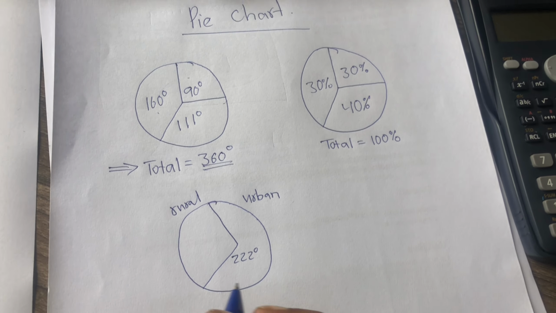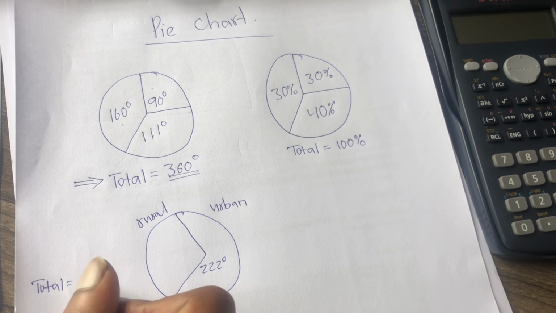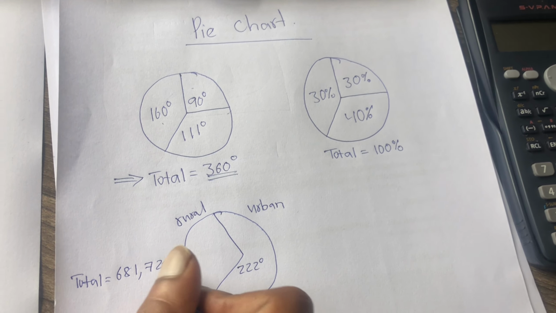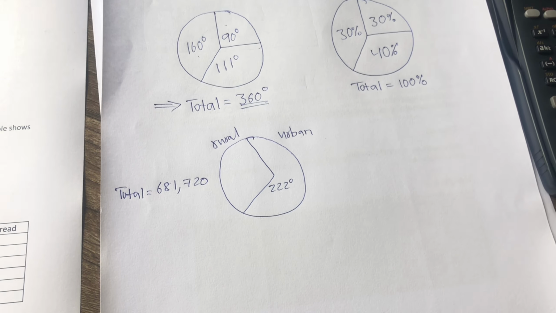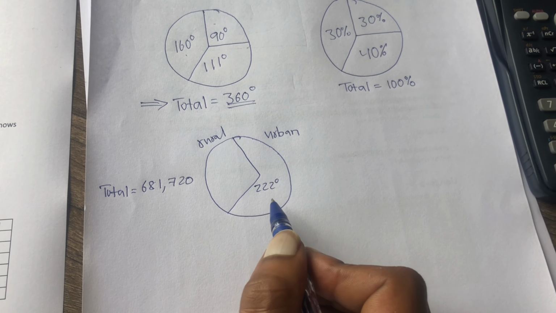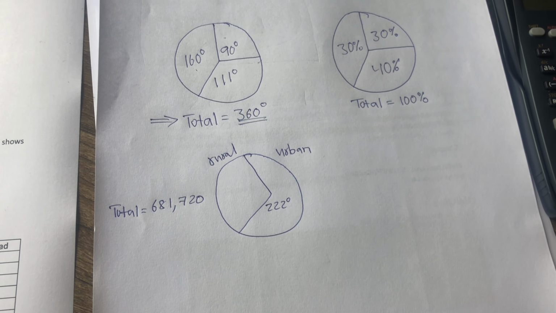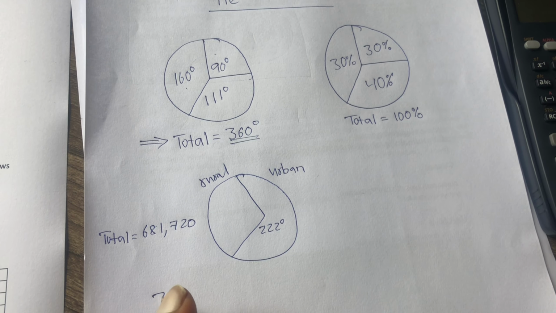The total population is 681,720. To find the urban population, 222 degrees out of the total.